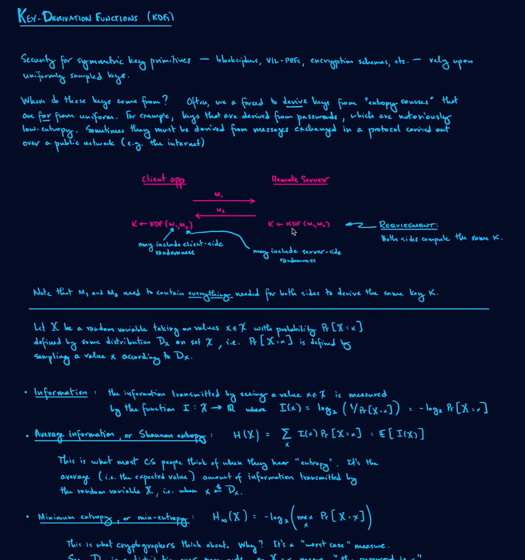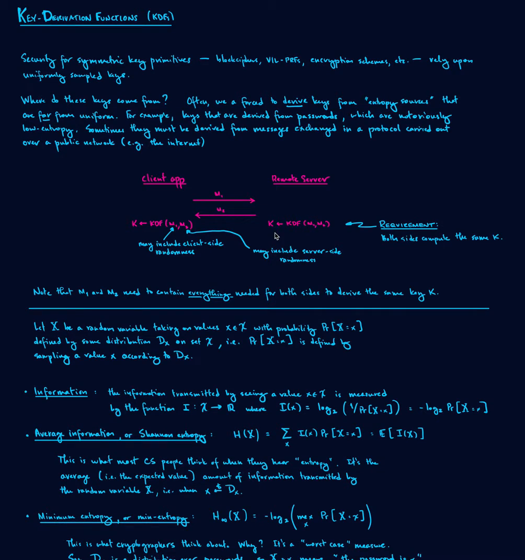And if the KDF itself were randomized or stateful, then you're not guaranteed that they get the same string out. So this is a deterministic function. It's taking in some kind of randomness from this side and some kind of randomness from this side and deriving the same key, in such a way that this shared key is a string of bits that are uniformly random. This is a pretty tall ask, but this is precisely what KDFs do.